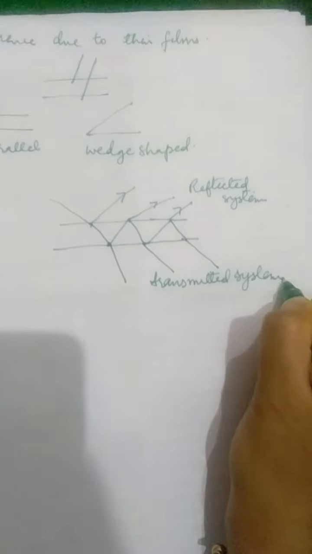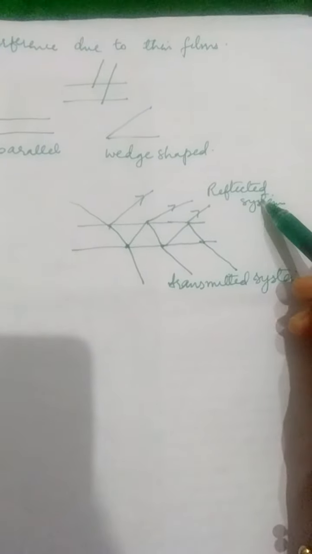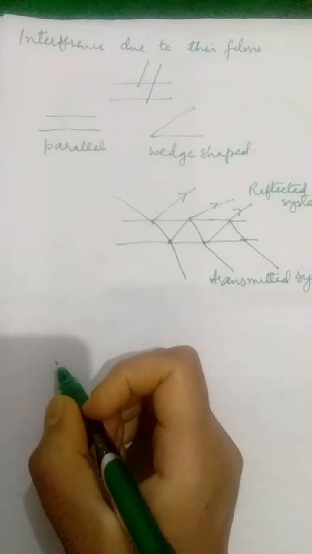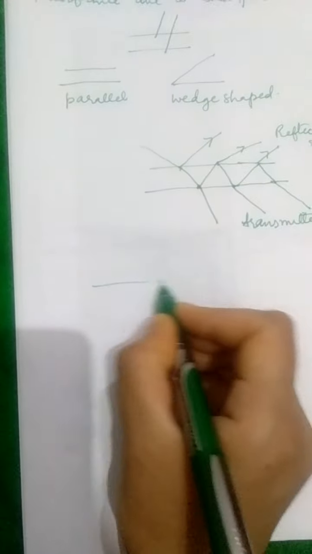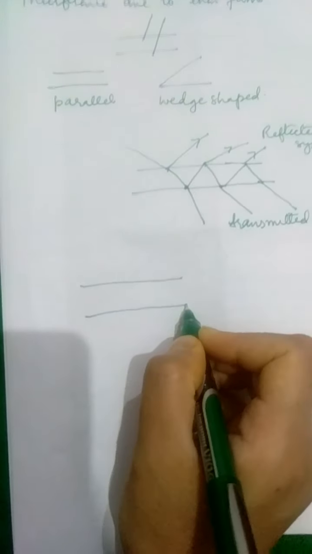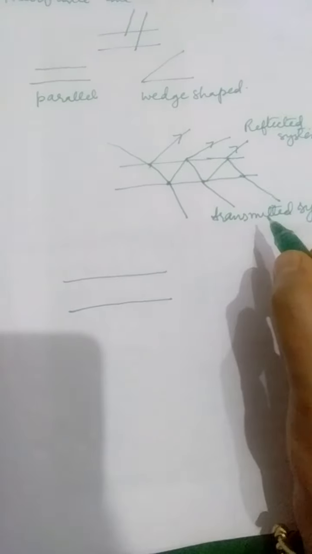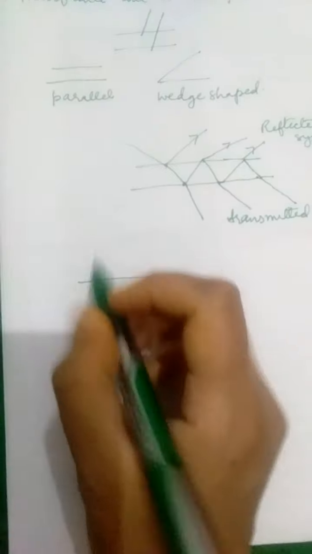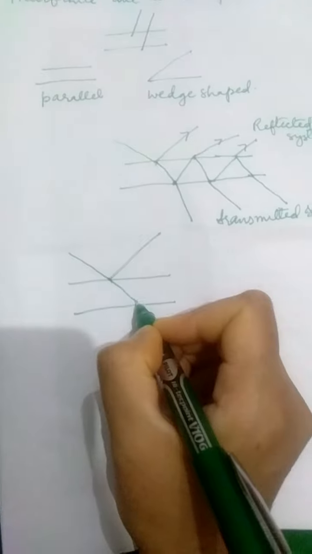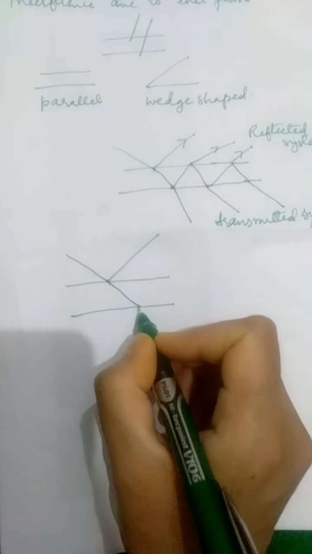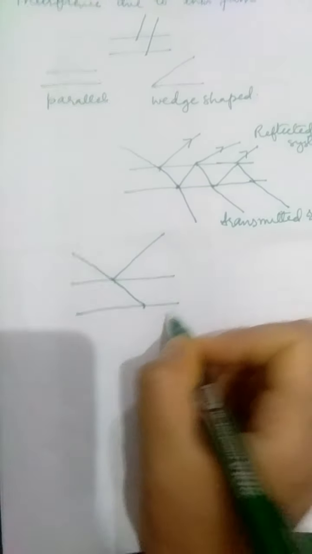So we have to analytically describe two systems, the reflected system and the transmitted system. So let's do that one by one. Again, consider a thin film. Let us first choose to do it analytically for reflected system only. So this is the incident ray, this is the reflected ray, this is the refracted ray. A part of it is transmitted. Let's forget about that at the moment.